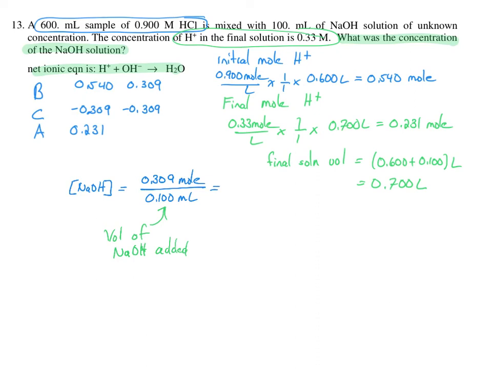So doing the math, we see that our concentration of hydroxide that was added is 3.09, or with 2 sig figs, 3.1 moles per liter.